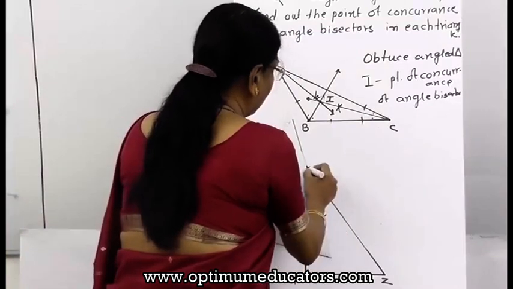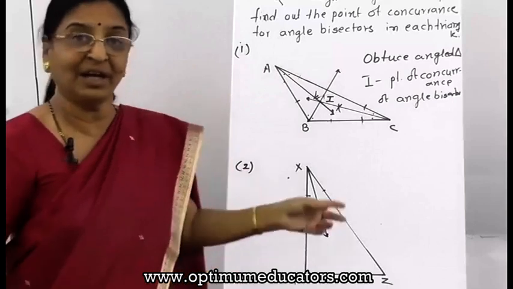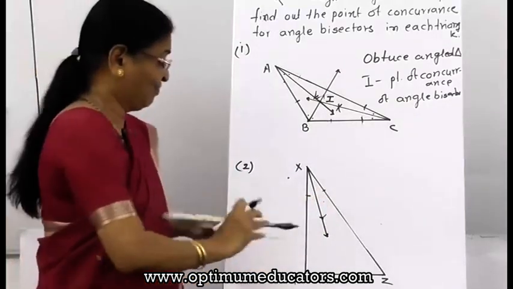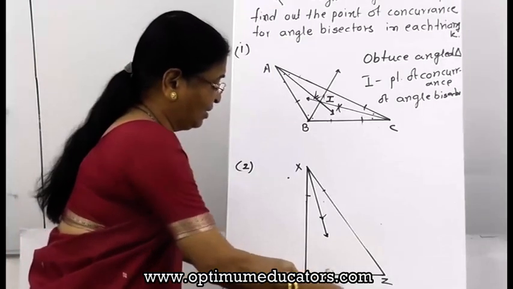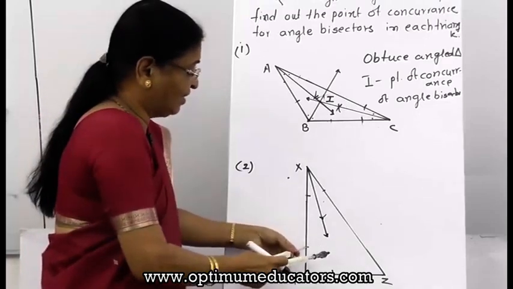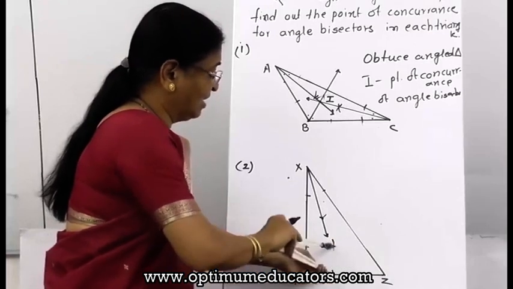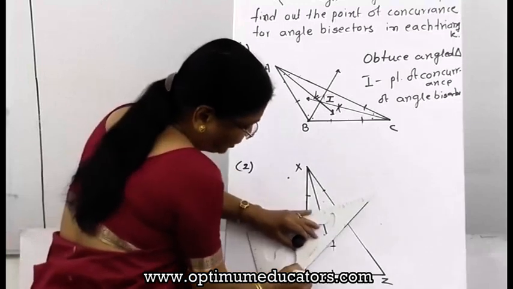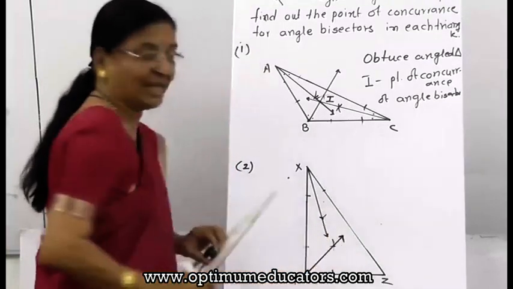So this is, see, this is an angle bisector for angle X. Now same thing for Y. So again keeping your compass on Y, make 2 arcs again with the same distance. You can make the 2 arcs here, and then again join this point of intersection. You will find out that this is an angle bisector.